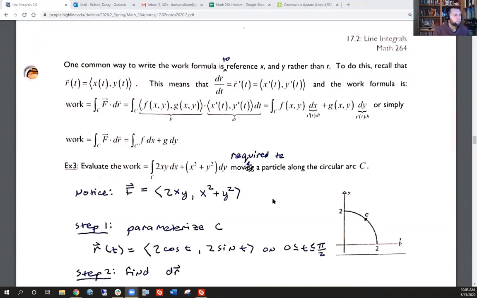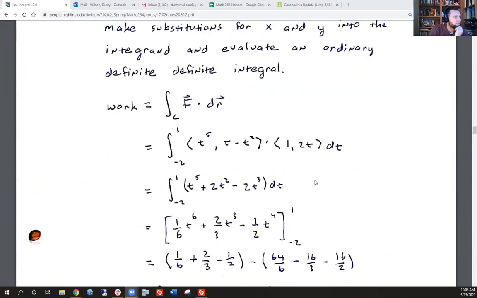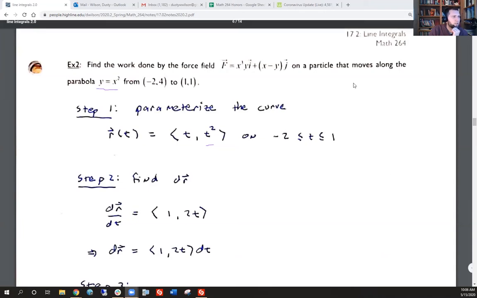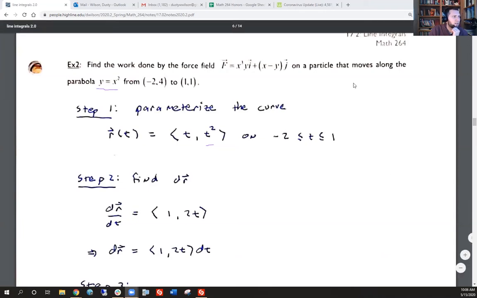Wait, quick question. Go ahead, Titus. Could you scroll up a little bit? Yeah. Gladly. Could you scroll up to the previous example? Because there's a parabola over here, is this x squared corresponding to the t squared? Correct. Yes.